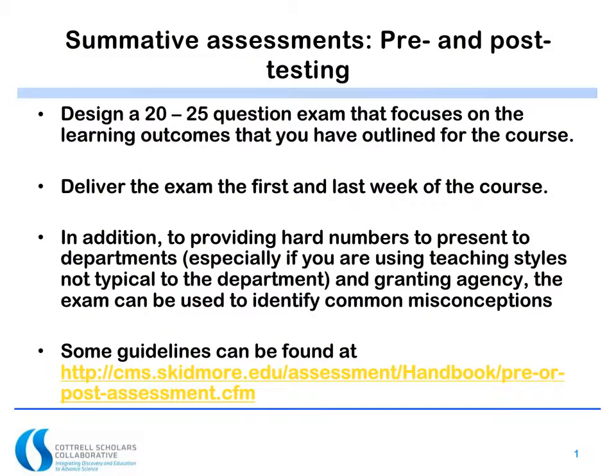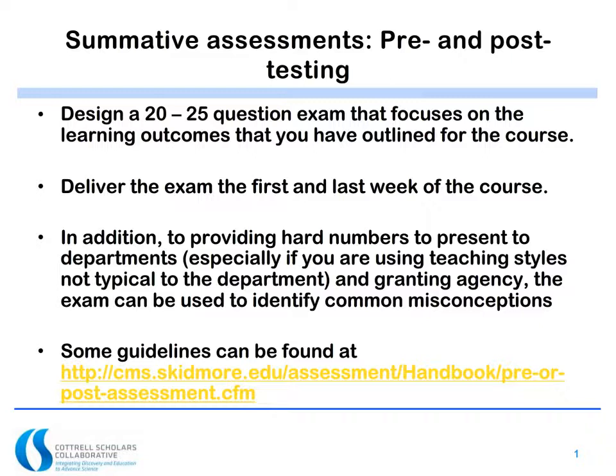Summative assessment is probably the most understood assessment and the type of assessment that you have encountered throughout your education. Therefore, I'll only provide 2 examples of summative assessment tools. The first is pre and post testing. Implementing a 20 to 25 question exam that focuses on learning outcomes that you have outlined for the course before and after the course is offered allows you to quantitate the learning gains of your students, facilitating reporting to both department and granting agencies.